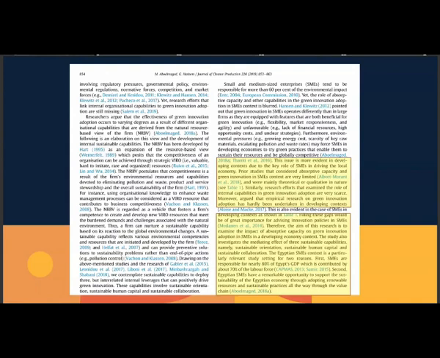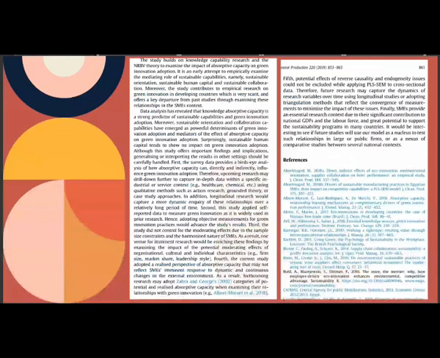Okay, the next one, I was saying that you can easily tap where the gap is from the future research, conclusion, or discussion. So here in this paper, you can see that the first gap is that the survey data provide a bird's eye analysis.